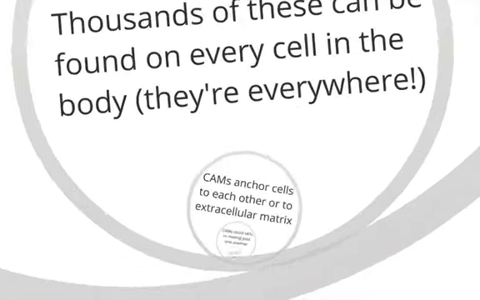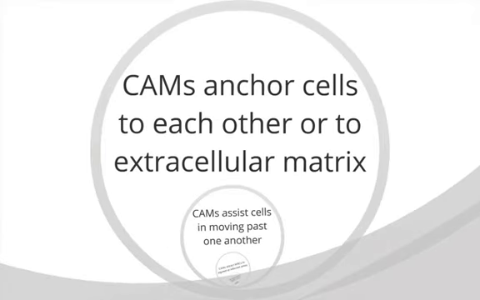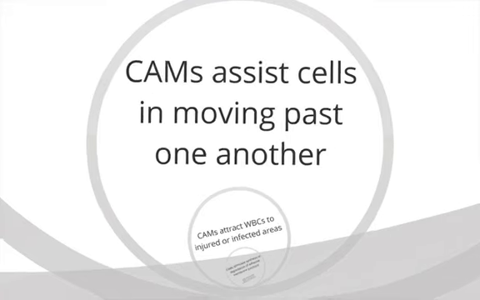So let's start off with a discussion of cell adhesion molecules. There are thousands of these found on every single cell in the body. They truly are everywhere. Cell adhesion molecules anchor cells to each other and to the things around themselves. Cell adhesion molecules help cells in moving over one another. They literally can crawl over the top of each other.